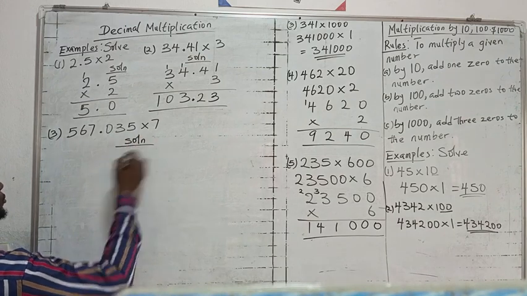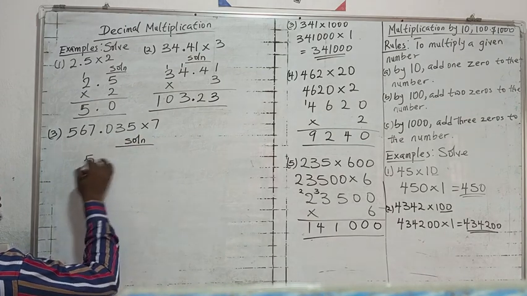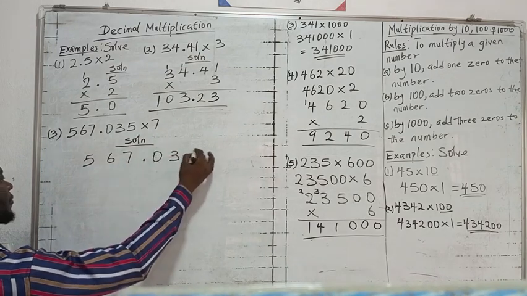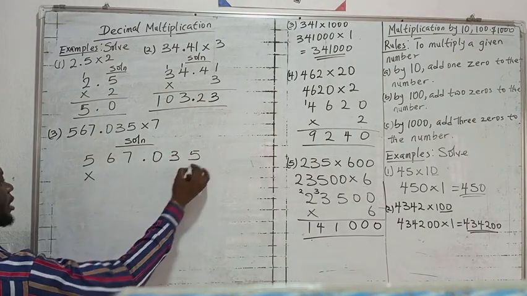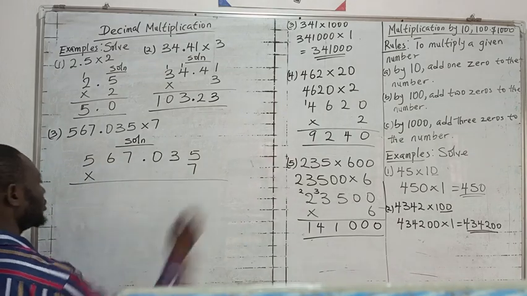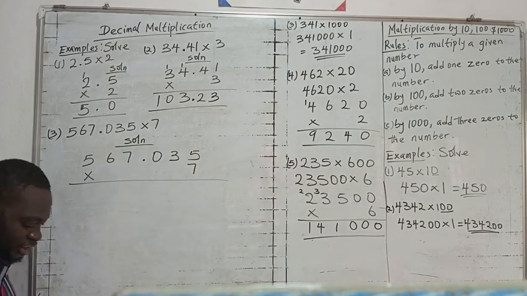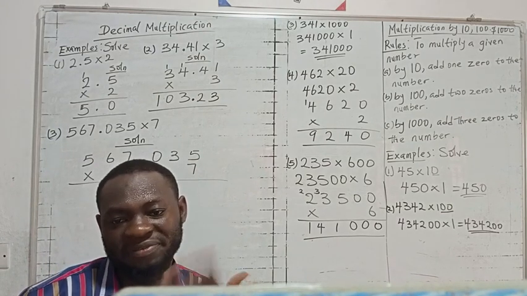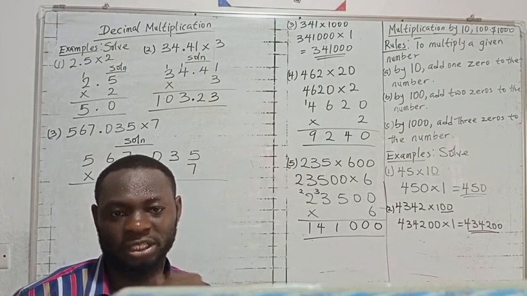Solution. 567.035 times 7. So the number of digits in the decimal part of a decimal number is referred to as the decimal places of the decimal number.